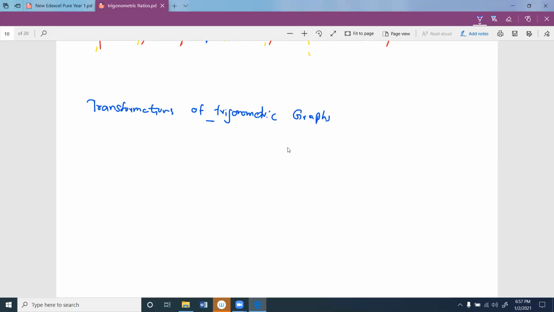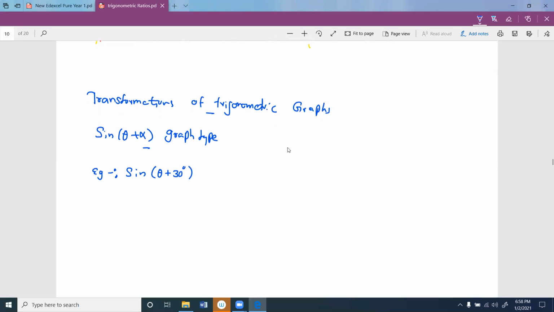Initially, we need to find the sine theta plus alpha graph type. That means, for example, if you want to draw the sine theta plus 30 graph.